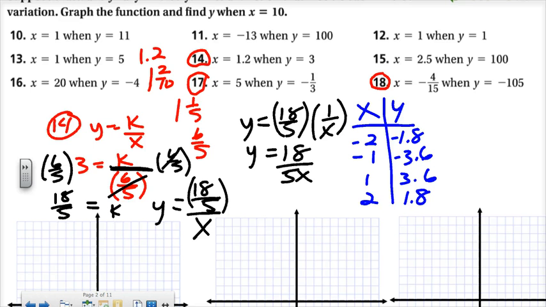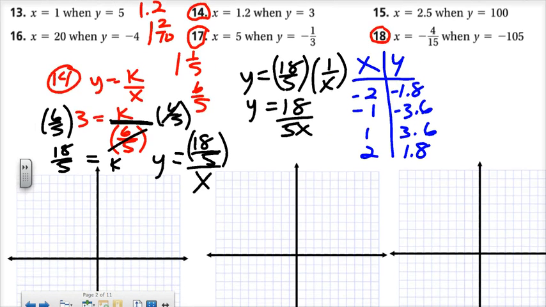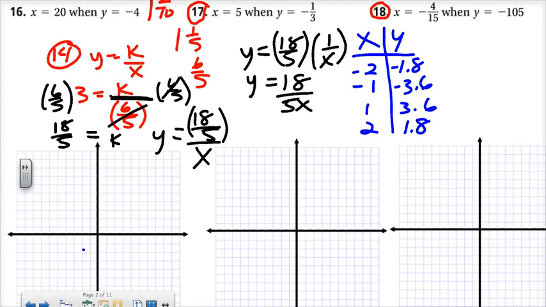So now what we need to do is just get those two hyperbolic branches on here. So at -2, we have -1.8, and at -1, we have -3.6. Let's scoot this up a little bit so that you can see all of that.